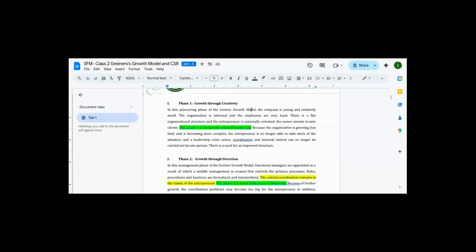In that phase one, there are some features that are peculiar to it. Part of the feature is that the company is young. The company is still at the stage of infancy. The company is young and relatively small in size. What has attributed to that small size, you know it, is because we are just starting.